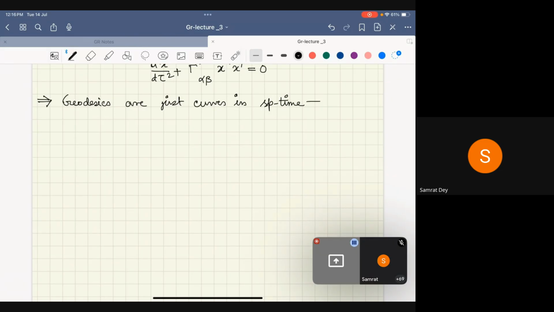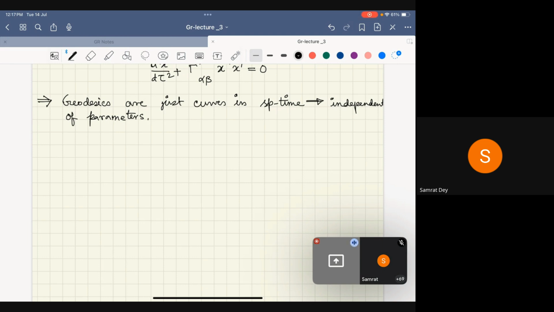And therefore, this implies they should be independent of parameters. I can choose parameters on my own, just like the example of the straight line. I can choose Cartesian system, I can choose polar system. It does not matter.